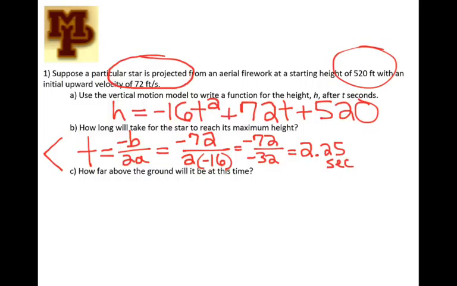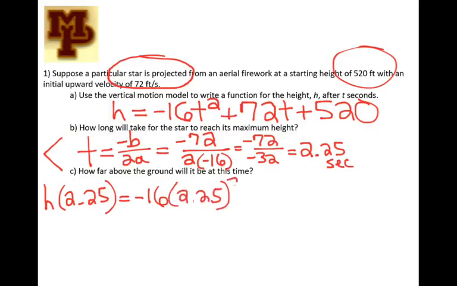If you want to know what that maximum height is, then you just take the 2.25 seconds and you plug it in, and that will give you the height at that particular time. So negative 16, 2.25 squared plus 72 times 2.25, and then plus the 520. And so that's just a matter of plugging it into the calculator.